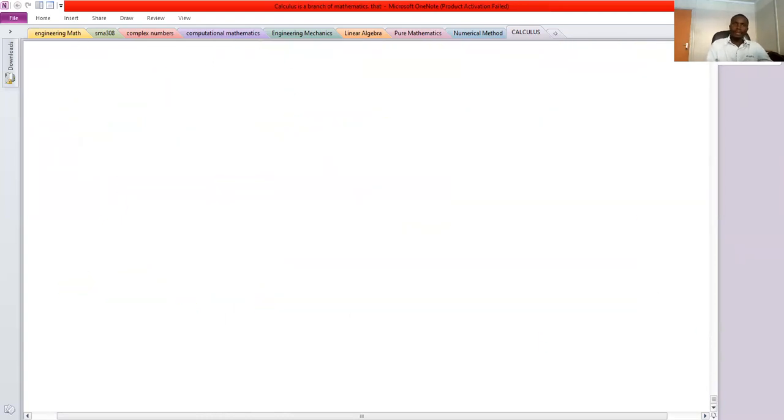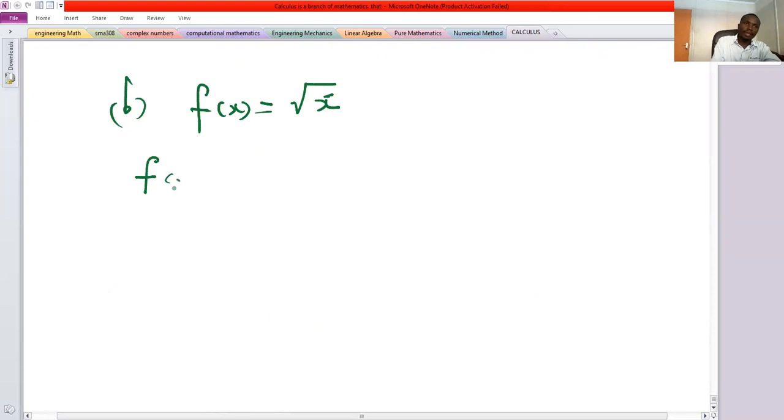And then part B, f of x is given by square root of x. So f of x is root x. This is already given.